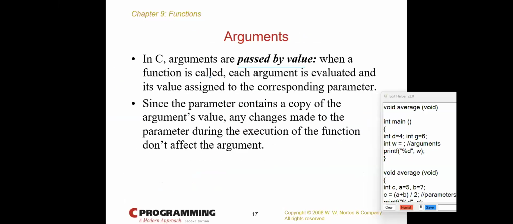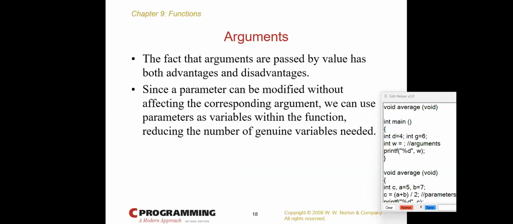All right. So when the function is called, each argument is evaluated and its value is assigned to the corresponding parameter. Now, since the parameter contains a copy of the argument's value, any changes made to the parameter during the execution of the function do not change the argument.